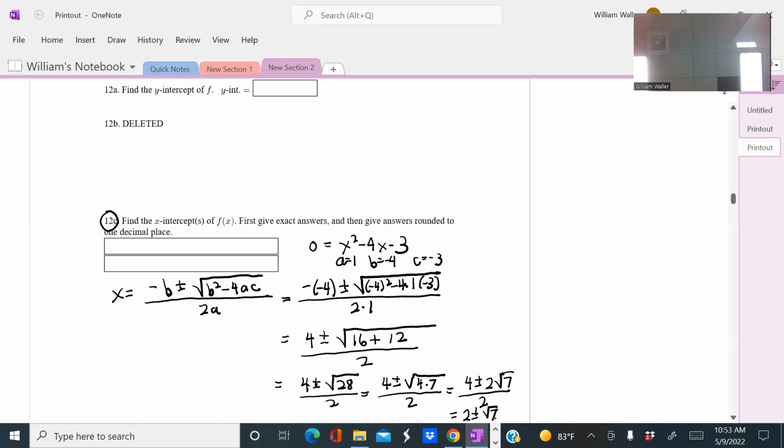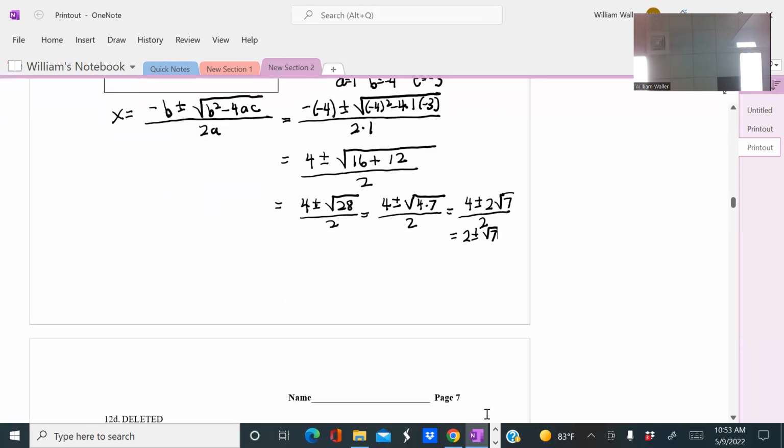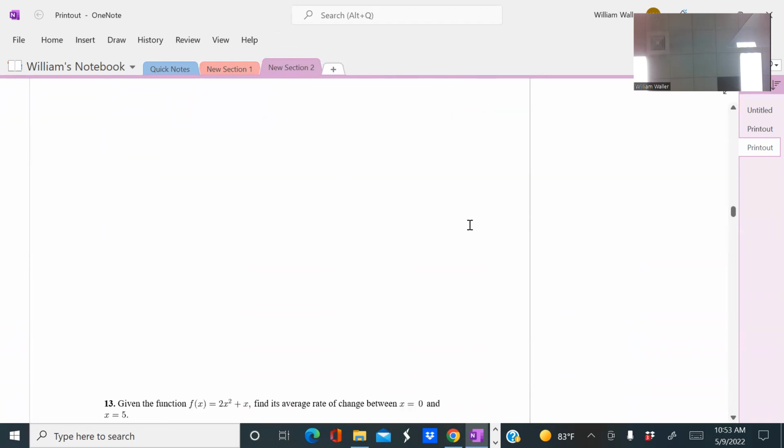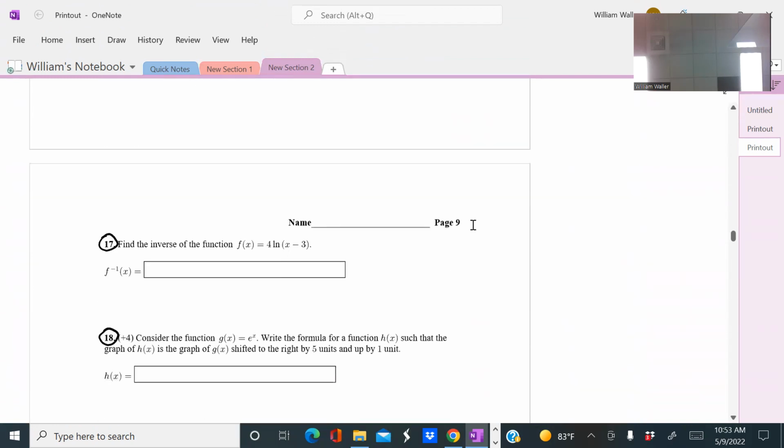And then you can use the calculator to approximate those if you need to. So if you needed to graph those two x-intercepts, then you could use your calculator to figure out what's 2 plus the square root of 7 and what's 2 minus the square root of 7. But those are the exact values for the x-intercepts. All right.